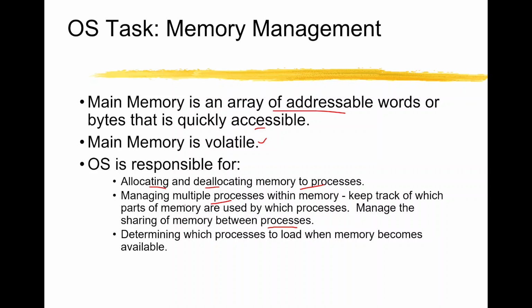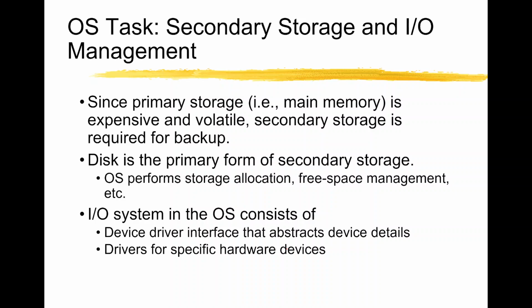And if there are multiple processes within memory, it must keep track of which parts of memory are used and by which process, and then manage the sharing of the memory between those processes efficiently to ensure that processes do not clash into each other or cause so many deadlocks or problems within the system. Determining which processes to load when memory becomes available is also the job of the operating system.